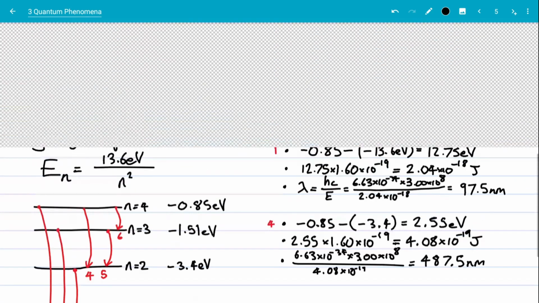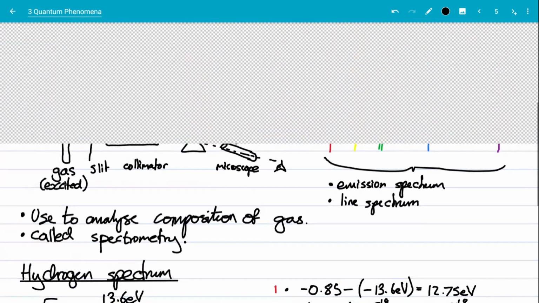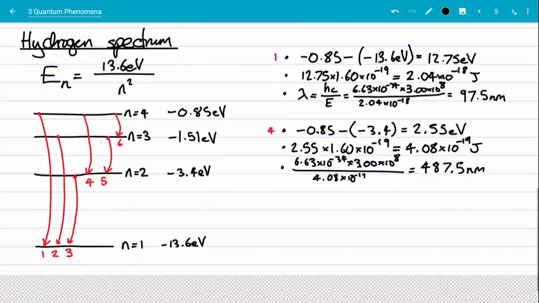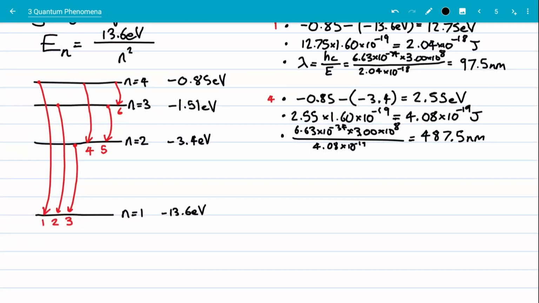And when we pass the light from the sun through our spectrometer, we find dark lines, an absorption spectrum. And some of those dark lines correspond to the bright line wavelengths, an emission spectrum for hydrogen. In fact, most of them did.